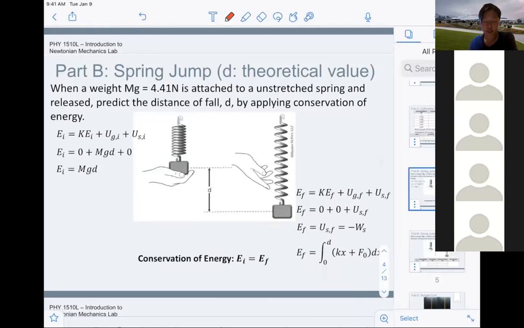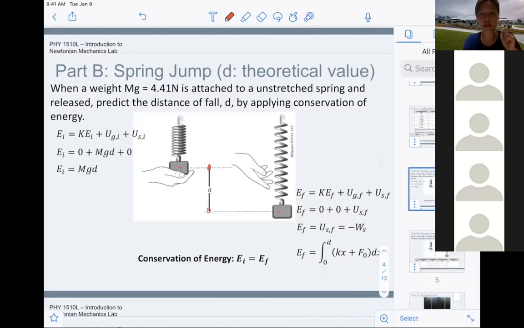So in the lab, in part B, we're using a spring for this bungee jump. You put a weight here, you lift it up and you let go. And this is the lowest point you can get. So the distance between the initial point and the final point is distance D. We want to be able to calculate this distance D, and we're going to do this two ways.